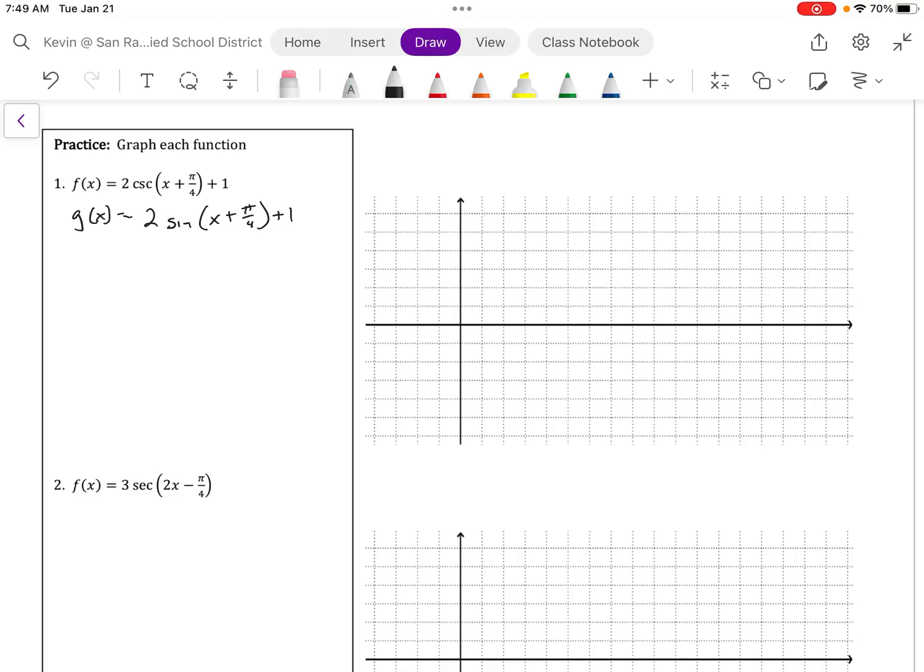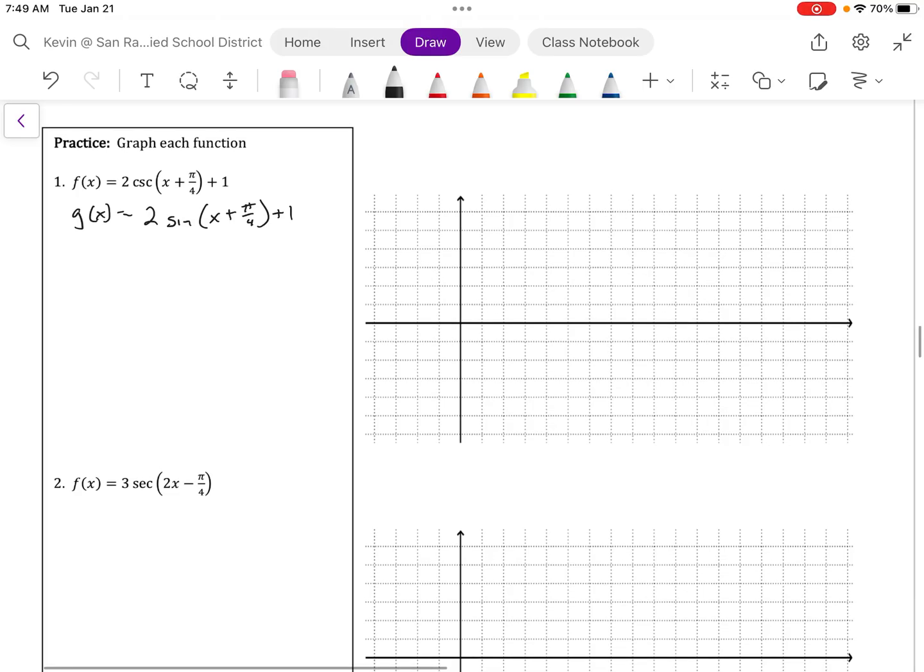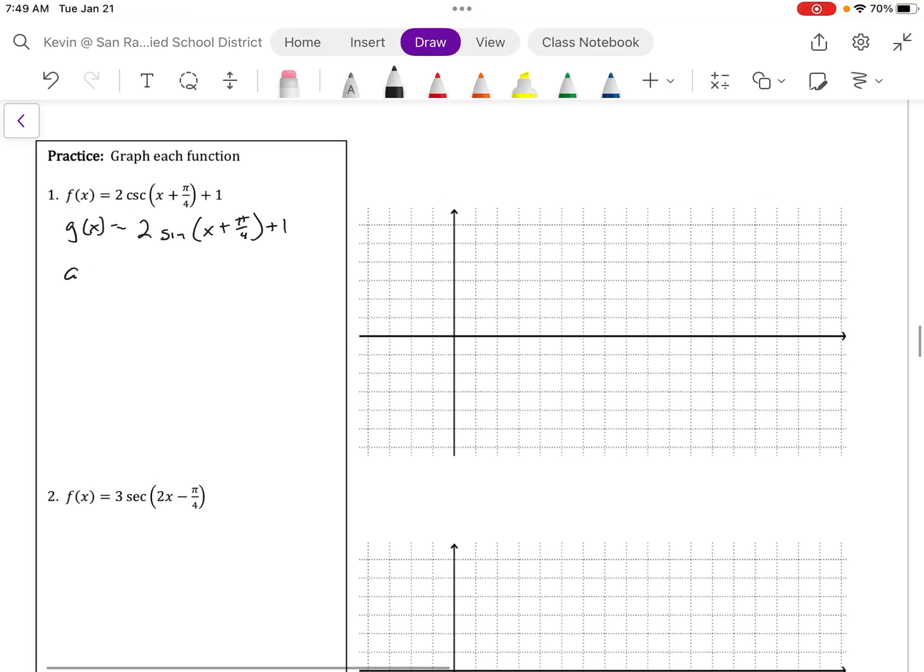And we're going to take this apart and graph it just like we did in 5.4. And I think I still need to get a video for 5.4 up there. All right, so a couple of things. Our amplitude is 2. We're going to be going up 2 from our midline. Our midline is y equals 1.